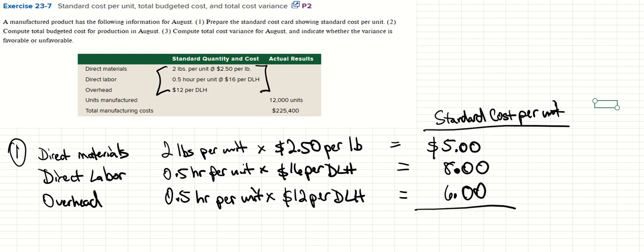So our standard cost per unit comes out to be $5 plus $8, that's $13, plus $6, that's going to give us $19. So that's for number 1. Number 2, we got to then take this $19, so our standard cost per unit, and then we're going to have to compute the total budgeted cost for the production in August.